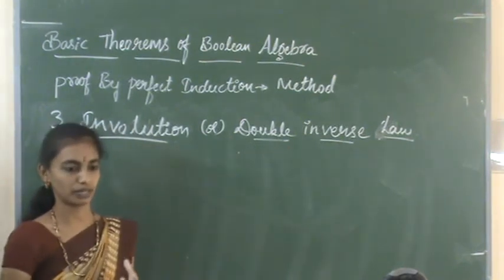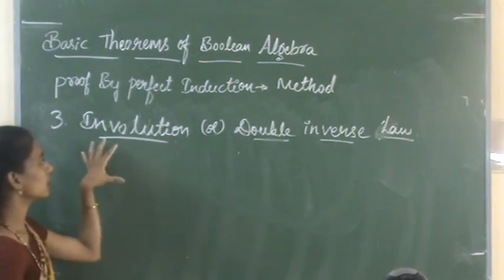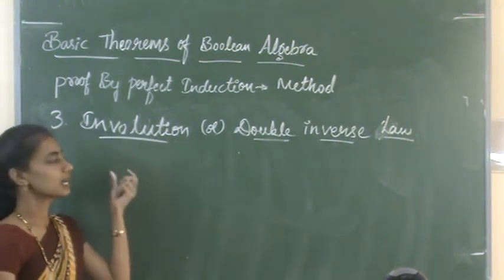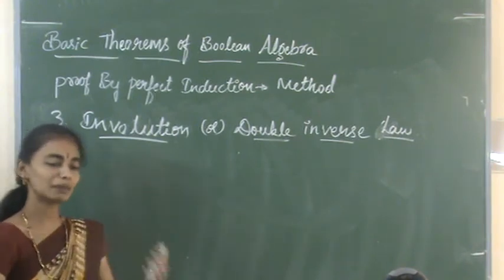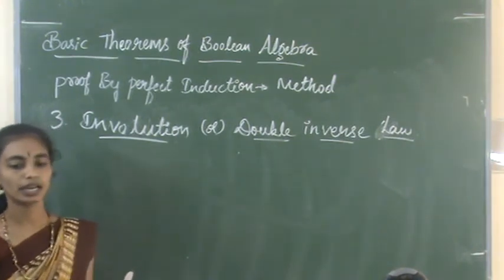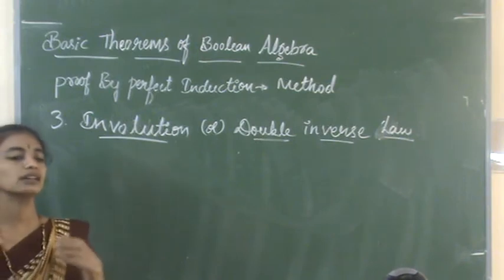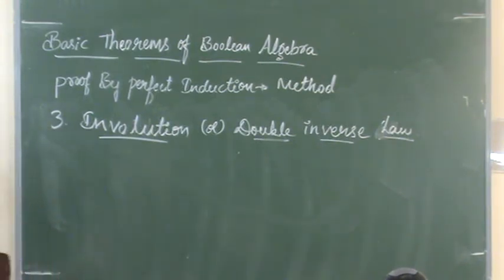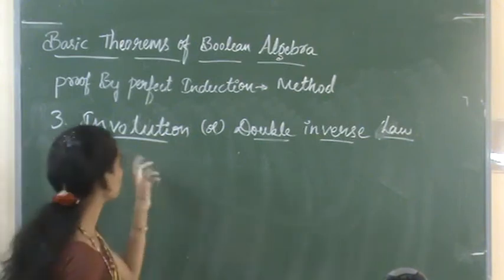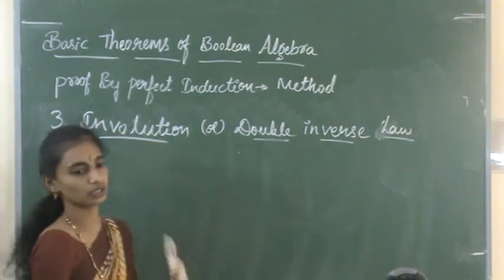It means complement, right? What this law states is that the complemented variable will be complemented again, and we will get the same value or same variable as the previous one. That we call the double inversion law.